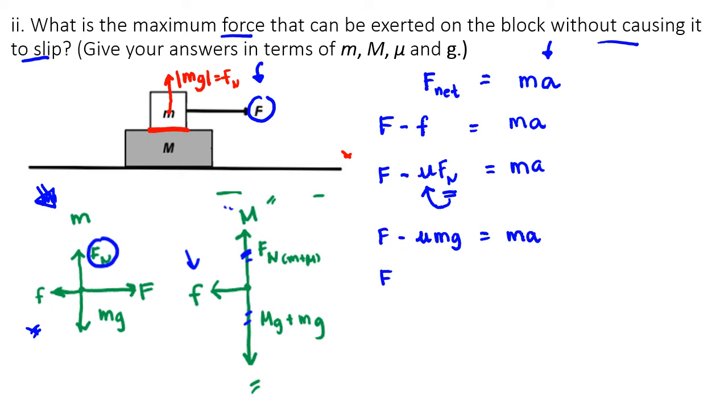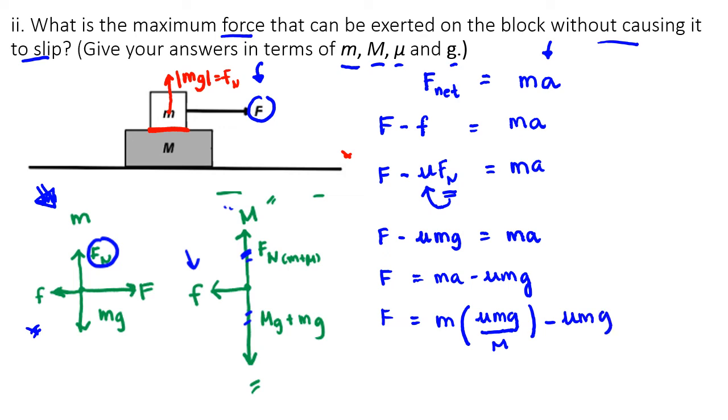Manipulating this further, we will have F is equal to ma plus mu mg. And since we have to express our answer in terms of the following symbols, let's expand acceleration since we have solved for acceleration earlier, and that is mu mg over M, plus mu mg.